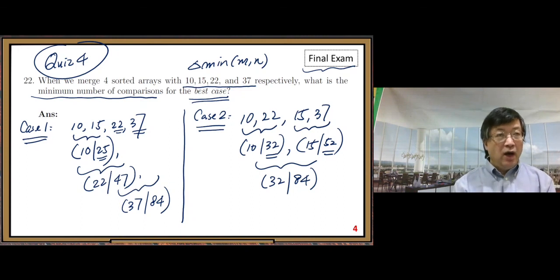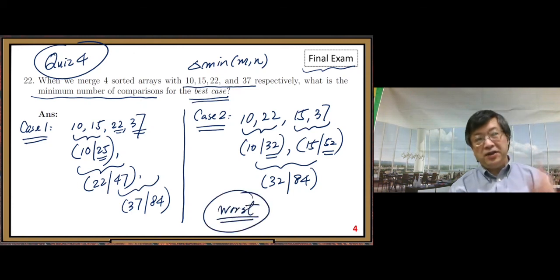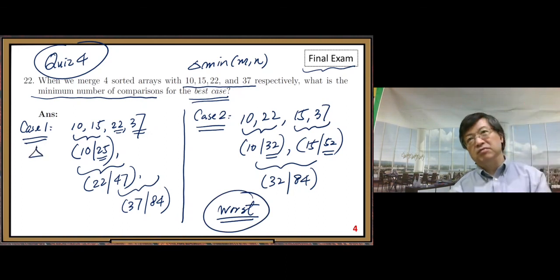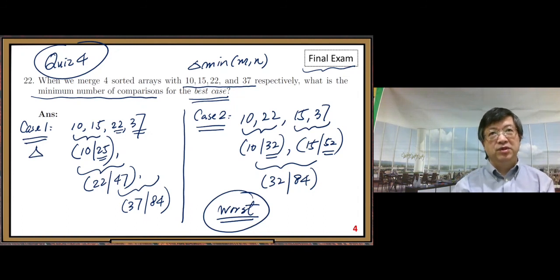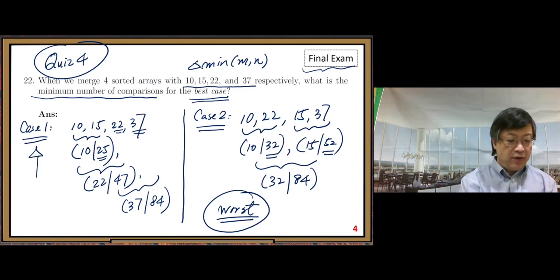All right, for the worst case, because the next question, you need to do a similar problem, but for the worst case. For the worst case, only case 1 has the best chance to give you the best solution. For the worst case, the story is different. We can pretty much prove case 1 will give you the best solution.